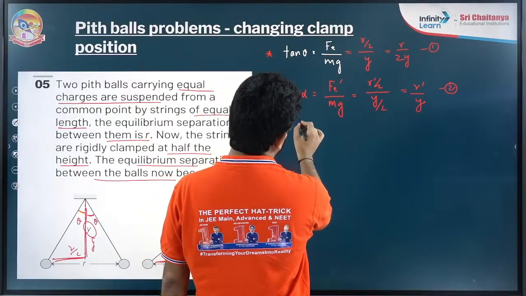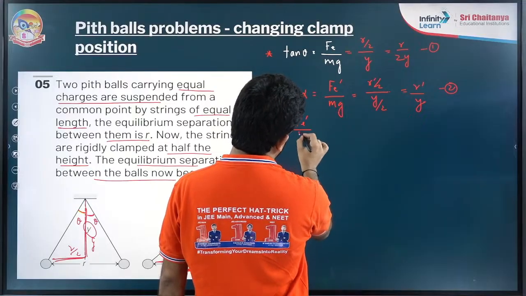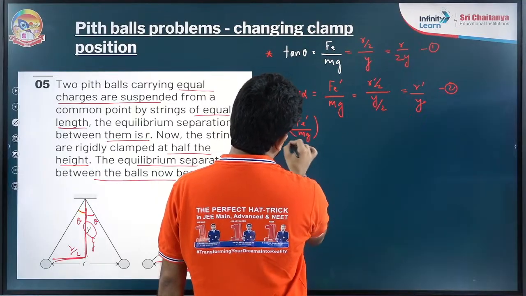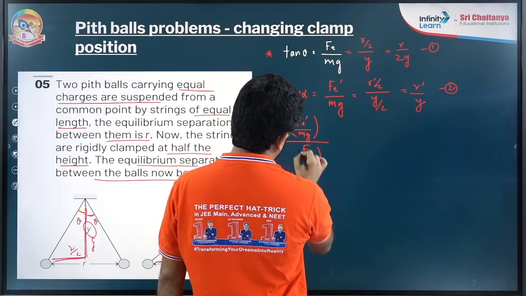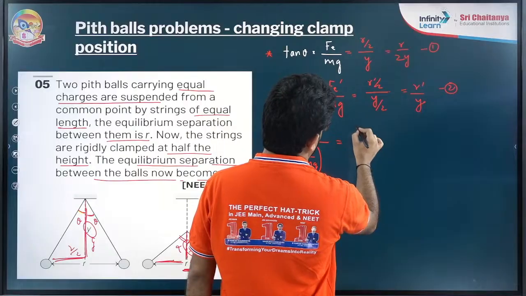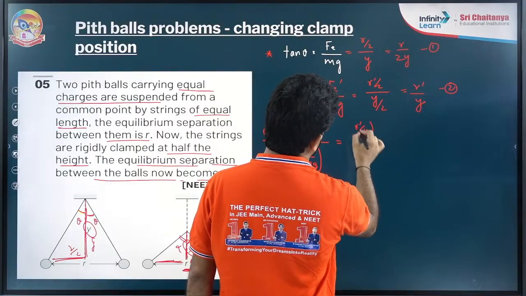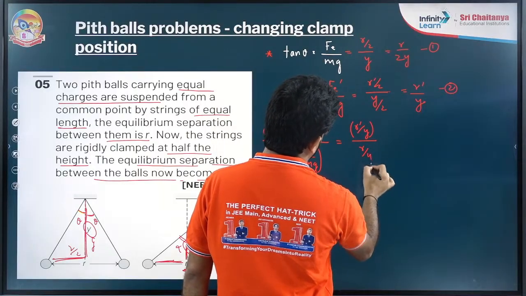So you will say that Fe prime divided by mg upon Fe upon mg is equal to r prime by y upon r by y.